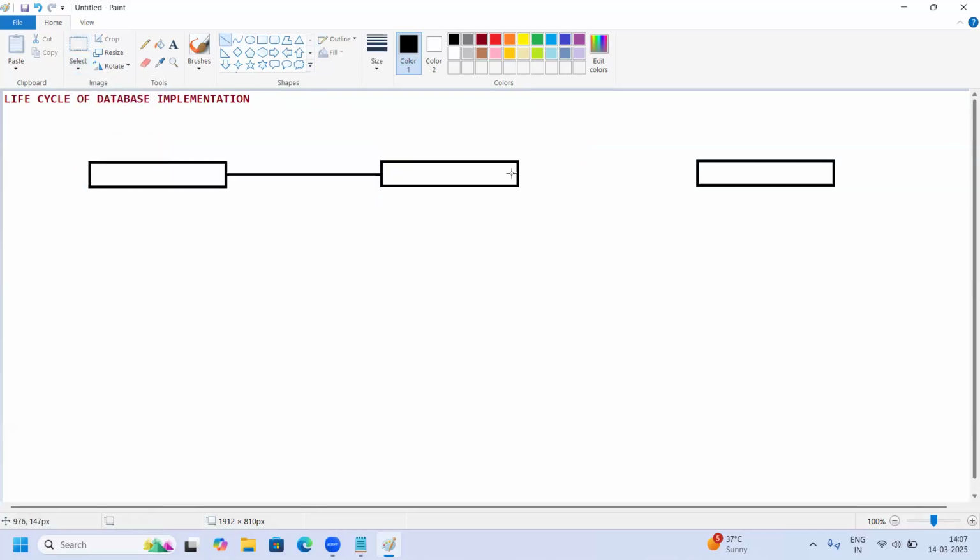Then from the second level, it will go to the third level.